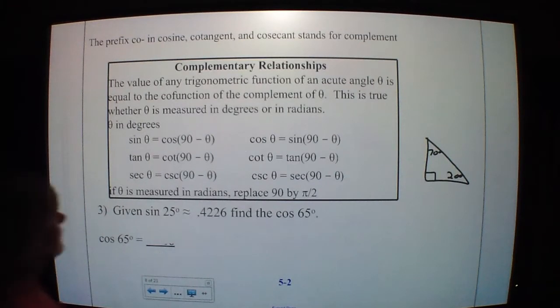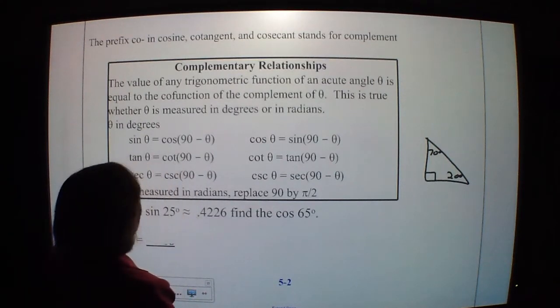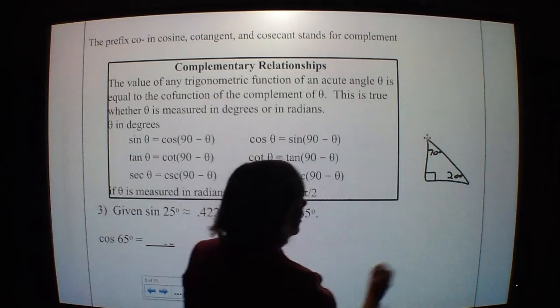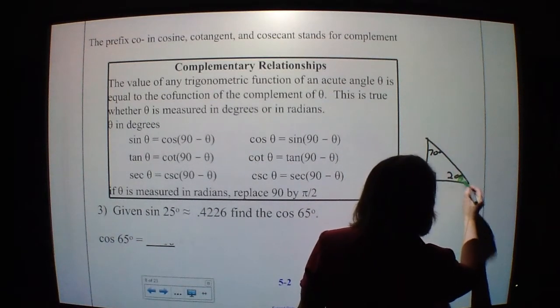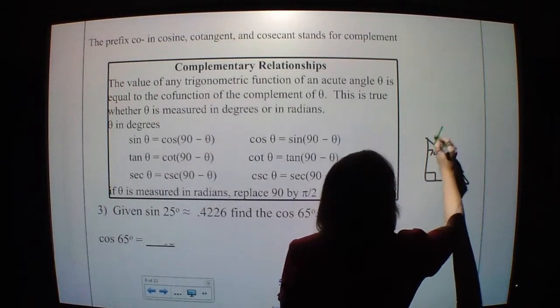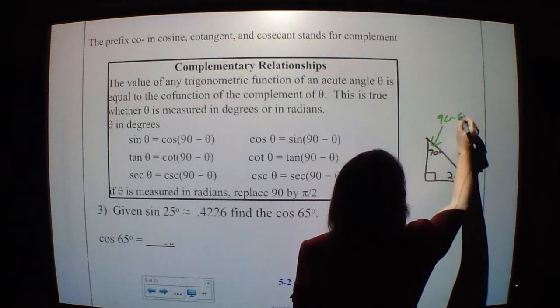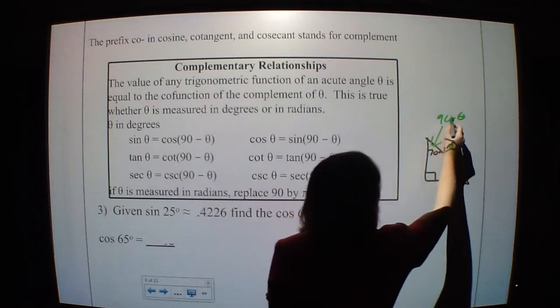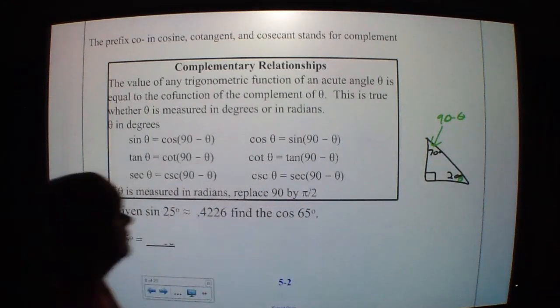So now, if I want the sine of some angle, let me call this my theta. So if that's theta, this angle here is 90 minus theta, right? How I figured out the 70.